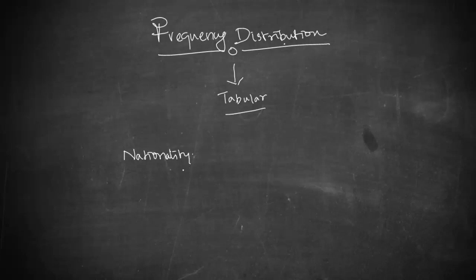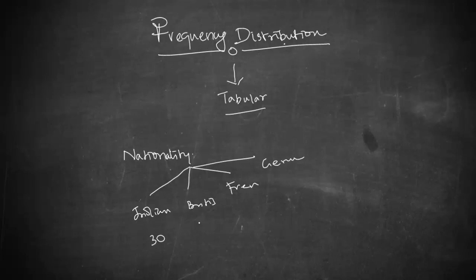So here, let's say you are going to study or assess or take data of nationality, say Indian, British, French, German. So here these are all called attributes, and you want to know the number of Indians. Let's say the number of Indians is 30, British is 50, French 60, German 90.